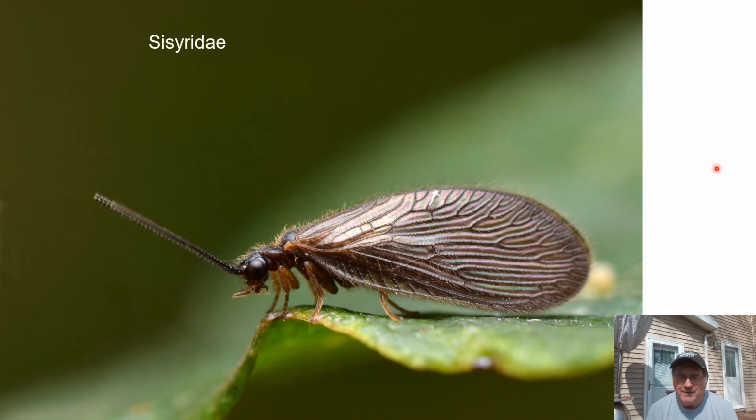So they will find sponges in fresh waters and feed upon the cells that make up the sponge. Once the larvae complete their development, they'll then crawl back out of the water, pupate, and emerge as adults.